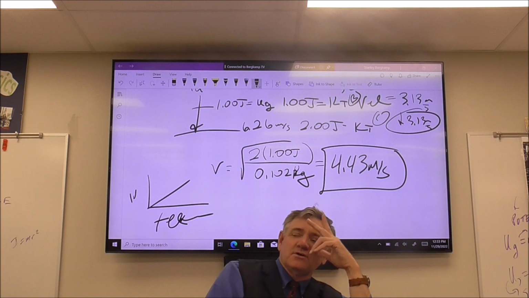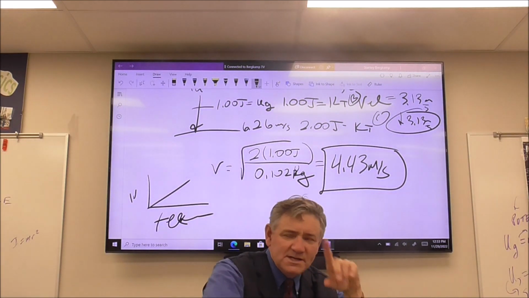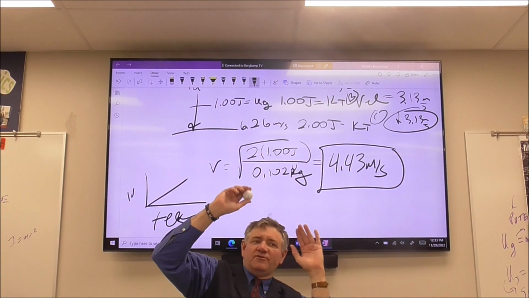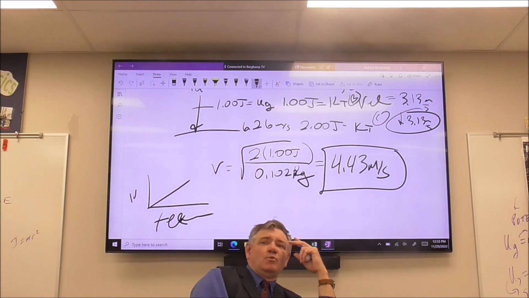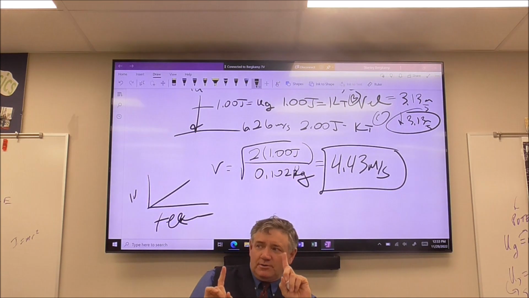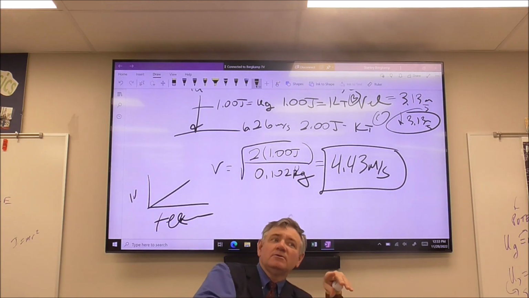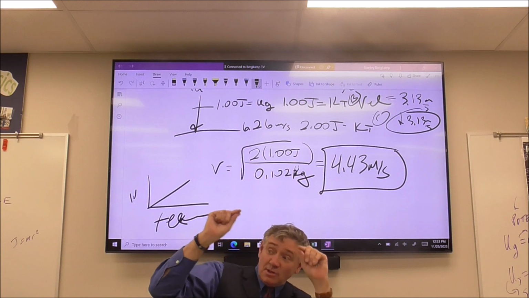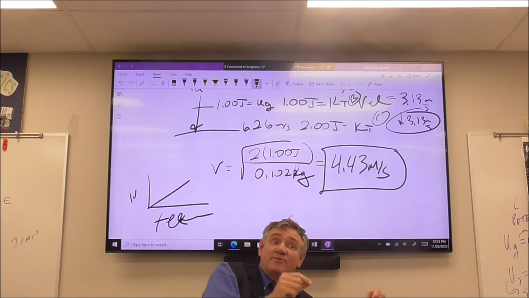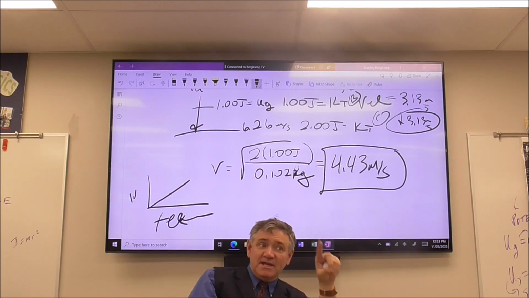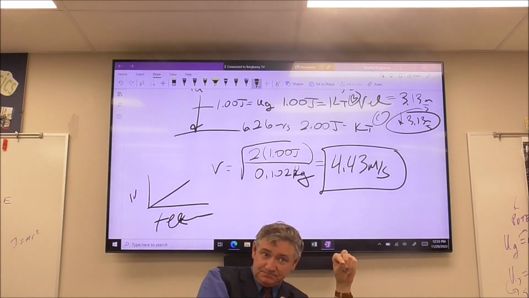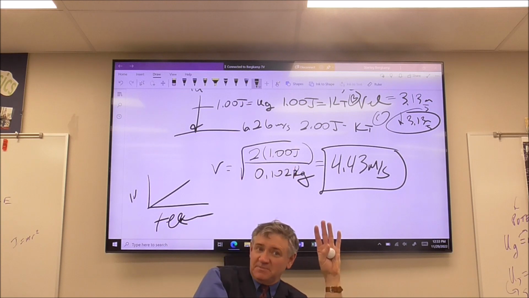So here's the question. What takes longer to fall, the first meter or the second meter? When is the ball in the air longer? The first meter. So the ball takes longer to travel the first meter than the second meter, so gravity has more time to act on it in the first meter.